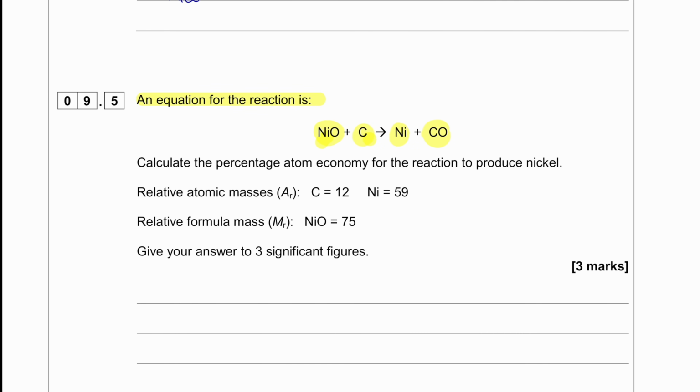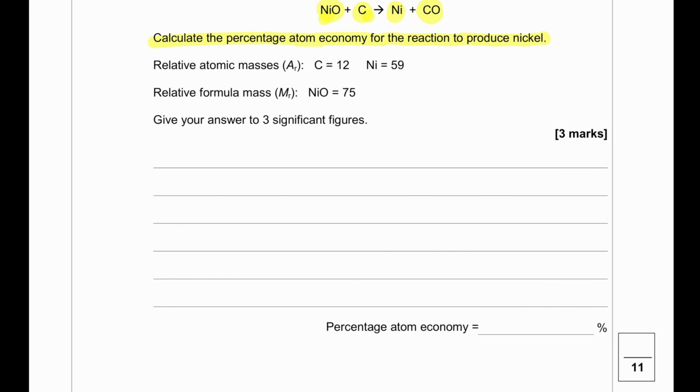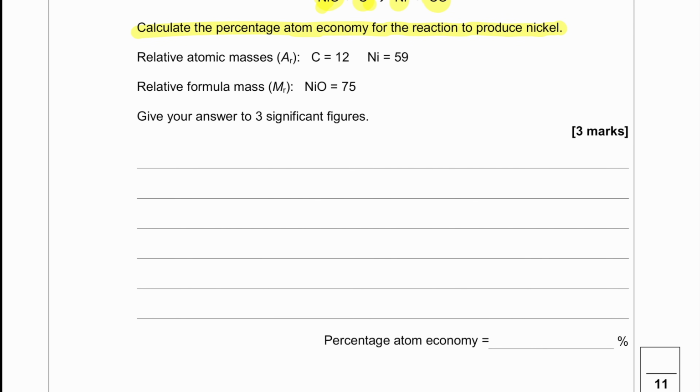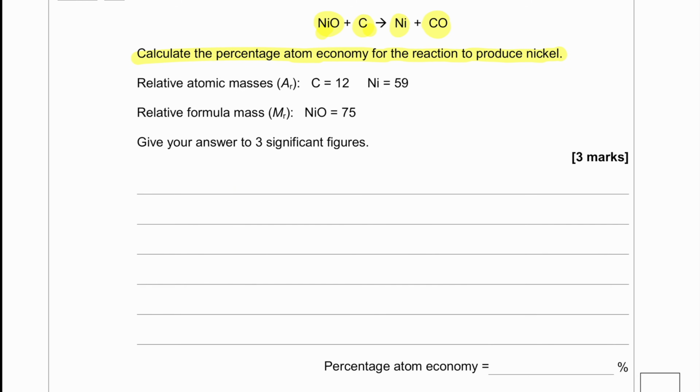The question says calculate the percentage atom economy for the reaction to produce nickel. Okay, guys, in order to calculate percentage atom economy, we need this particular formula: mass of desired product divided by total mass of reactants. I'm going to give you the formula even though the formula is not needed.